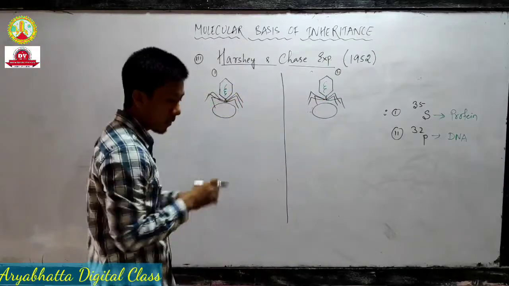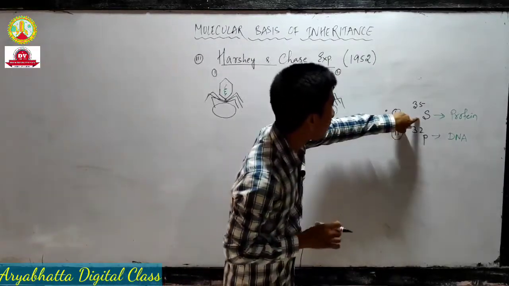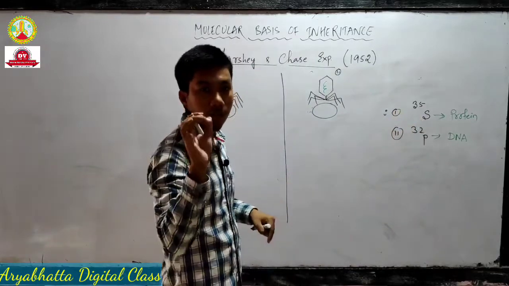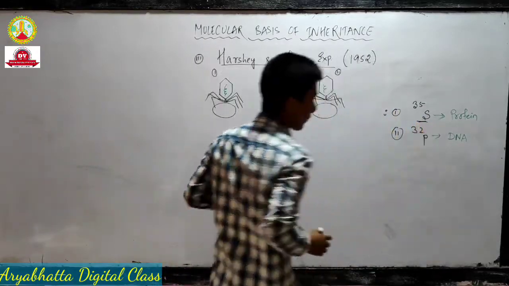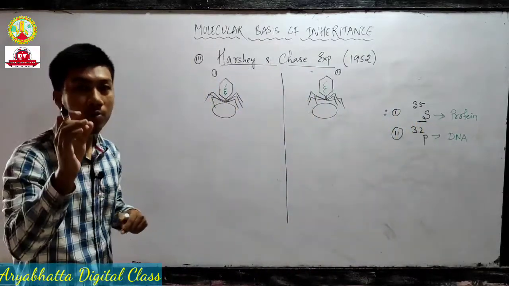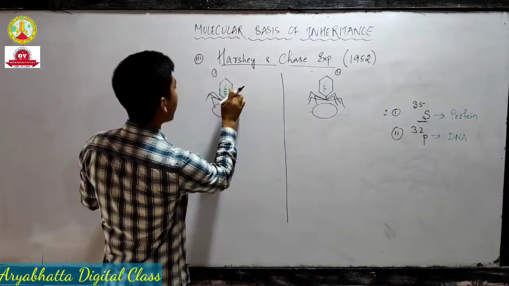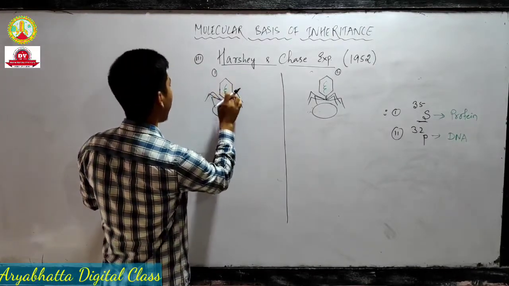In the first experiment, they used this radioactive element, sulfur 35. And sulfur 35 always binds with protein. So that means the body part, the head part, is protein.